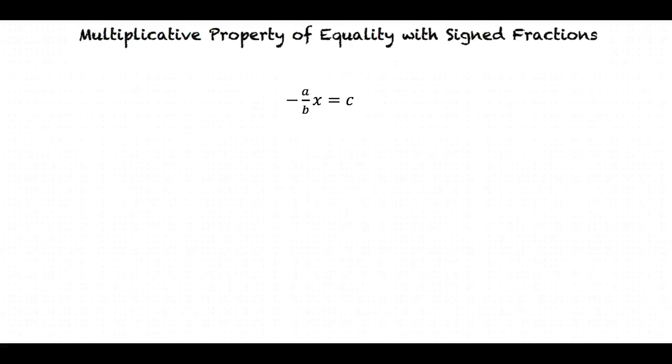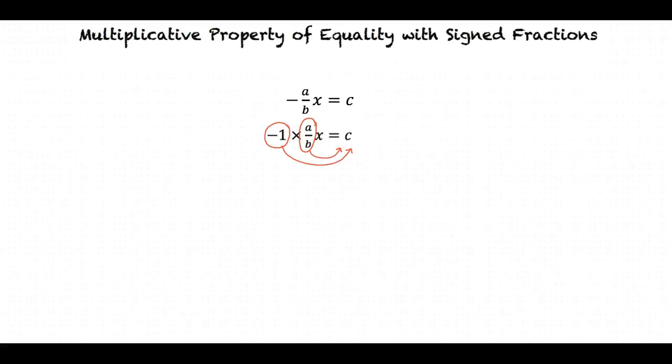To help solve this expression for x, it can be useful to rewrite this equation as -1 times a over b times x is equal to c. Now, in order to get the x by itself, see that we need to get rid of both the -1 and the a over b and move them over to the other side of the equal sign.